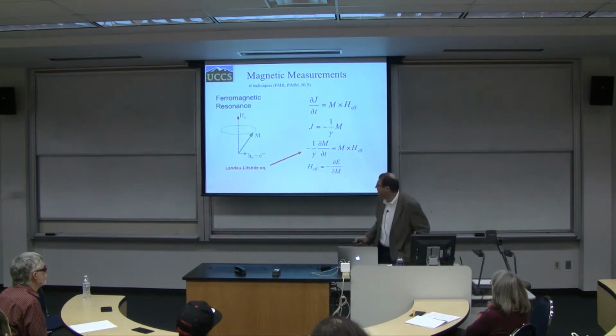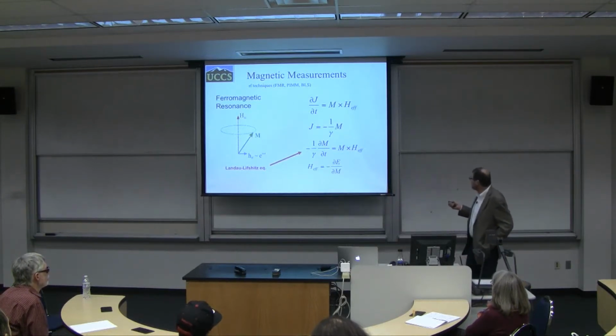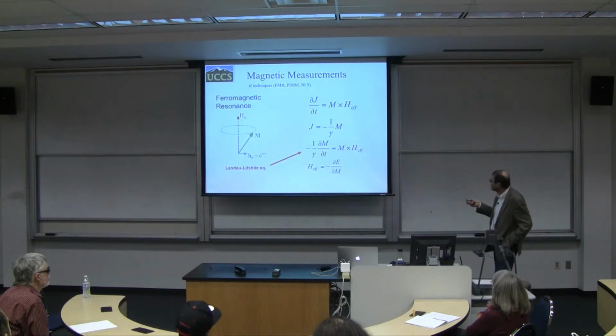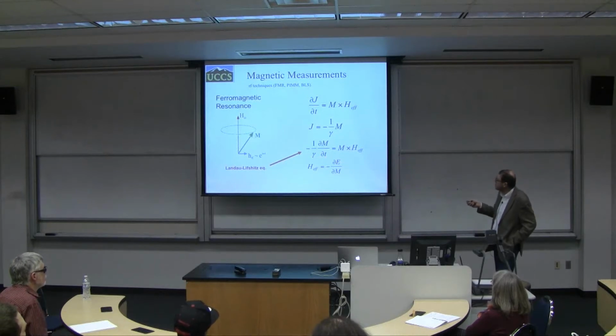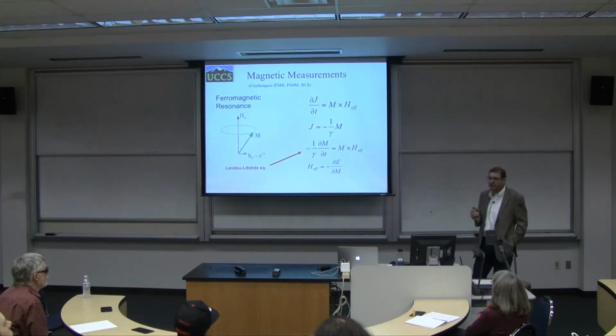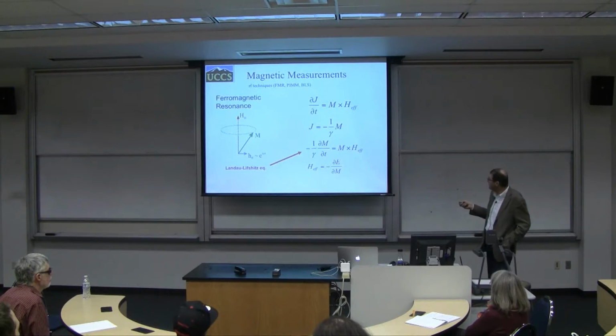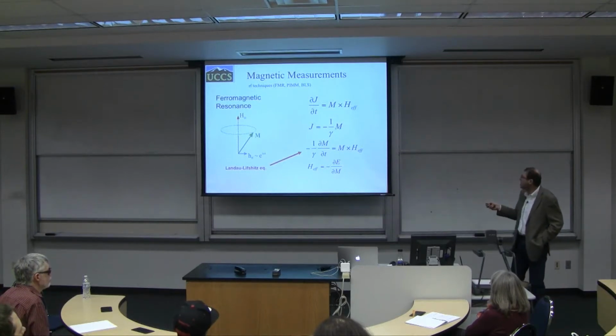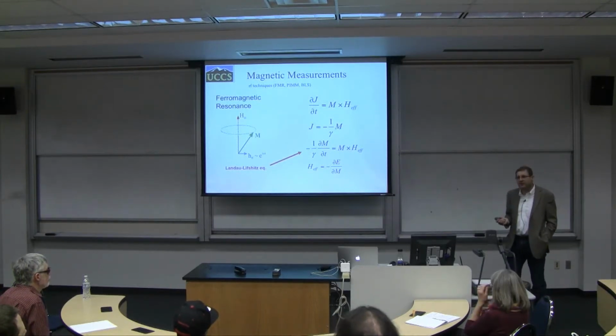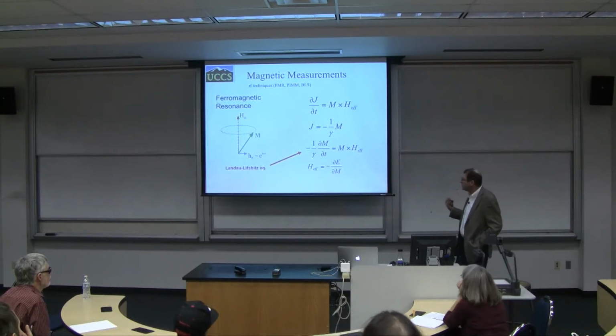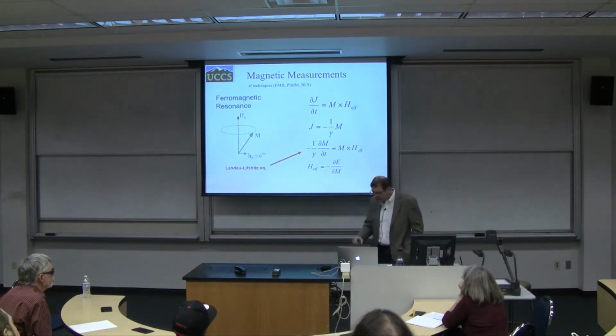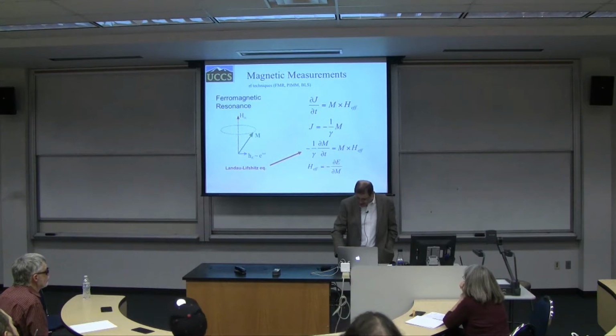What is really important, and this is the power of FMR, is that what is here in this HF is not only the applied external field, but all the possible effective fields associated with any form of energy I have in my system. If I take the derivative of this energy with respect to magnetization, I'm going to get the value of this effective field. So when I'm studying my samples, I can determine all anisotropy fields.